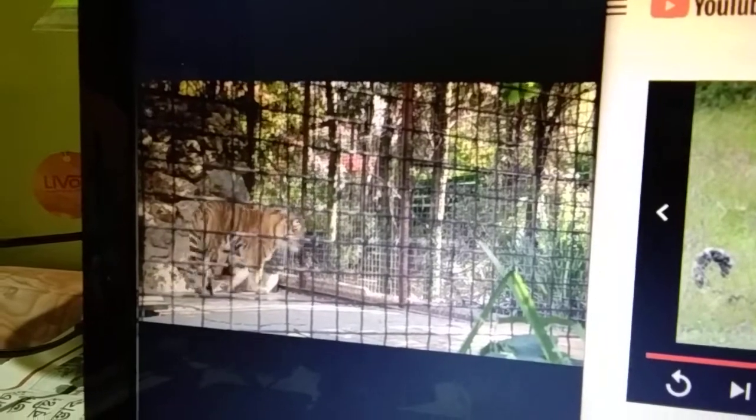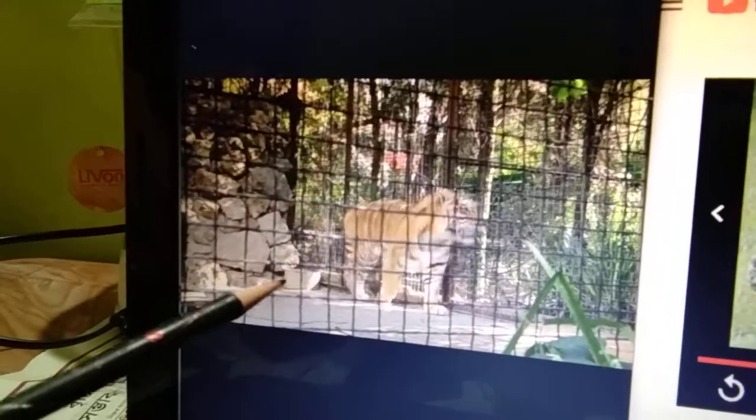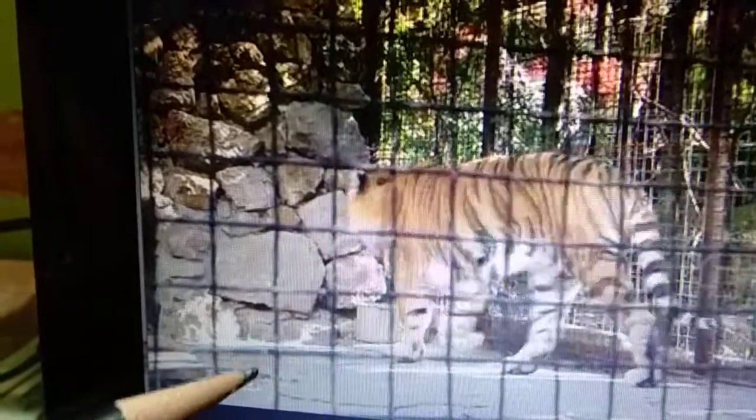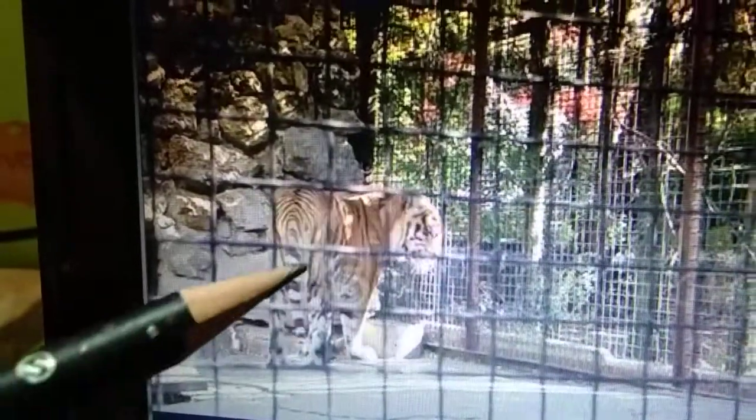Though the food is there, you can see a different bowl for water. Food is also there inside the cage, but the tiger is ignorant. When he feels thirsty, he will drink water. But he cannot move, he cannot jump in his own way. That is his agony. That is his pathetic condition. That is his sadness. That is why the tiger is quite ignorant.